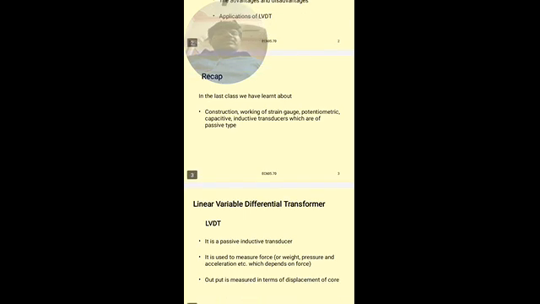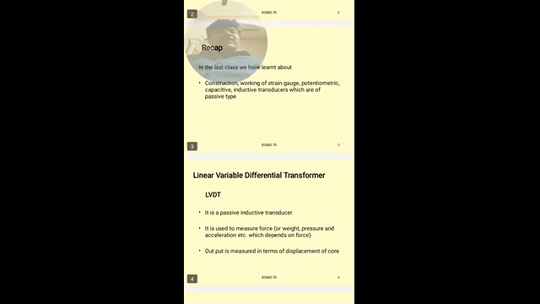Coming to the linear variable differential transformer LVDT, it is a passive electromechanical displacement transducer used to measure the force that may be a weight, pressure, or acceleration.